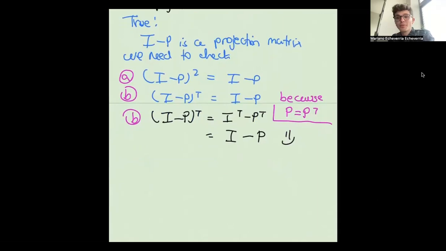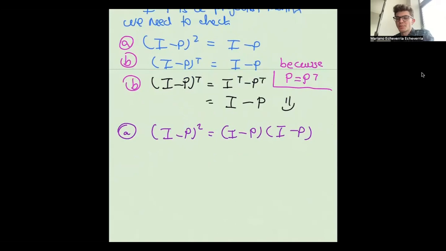Now, the one that's a little bit harder, maybe less clear, is the square. So what is I minus P squared? I mentioned that to do this, you have to write it like this. That's the easiest way to write the matrix multiplication for a product.